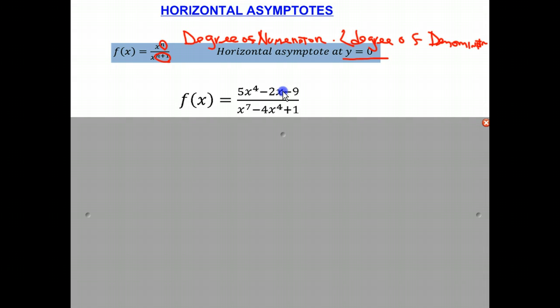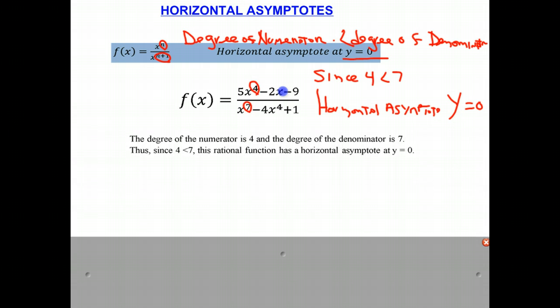So notice in this case the degree of the numerator is 4. The degree of the denominator is 7. So clearly the degree of the numerator is less than the degree of the denominator. So since 4 is less than 7, we know that there's a horizontal asymptote at y equals 0.